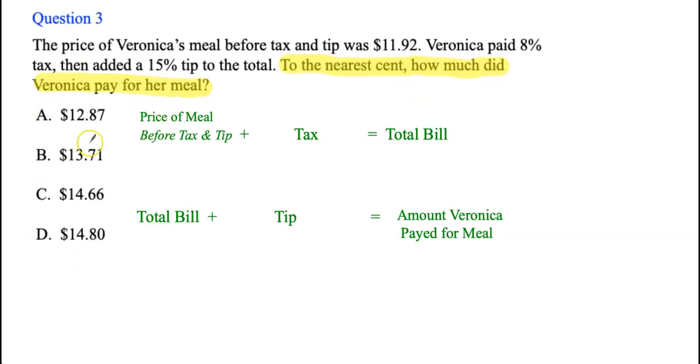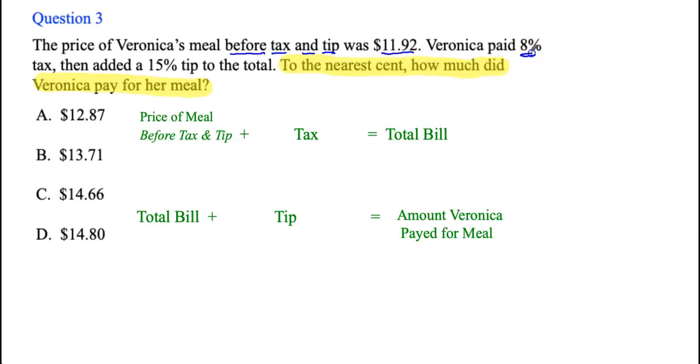Now I know what my answer choices represent here. Let's go back to the question. It says the price of Veronica's meal before tax and tip was $11.92.